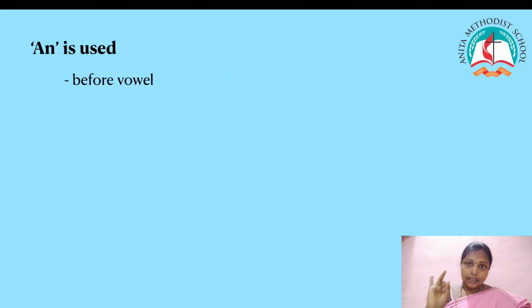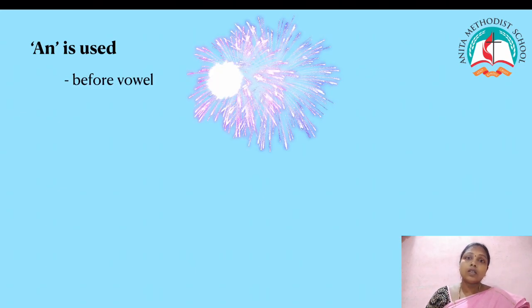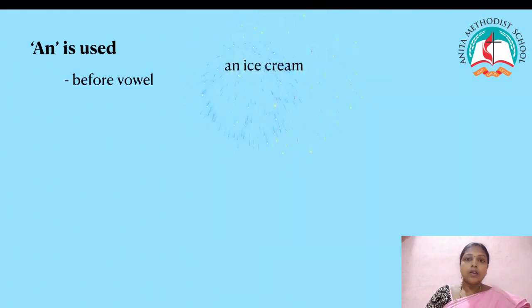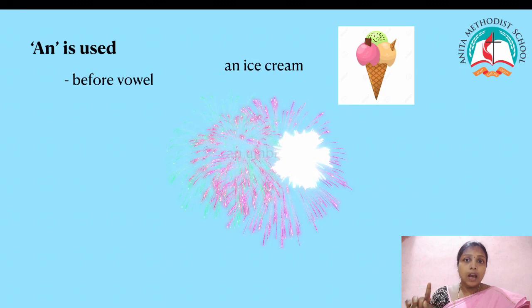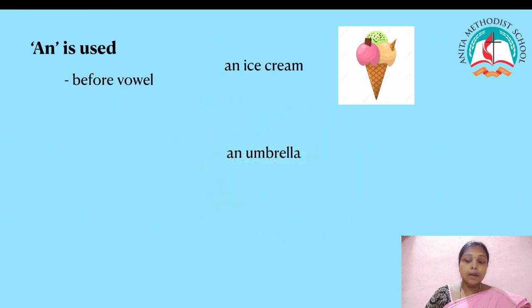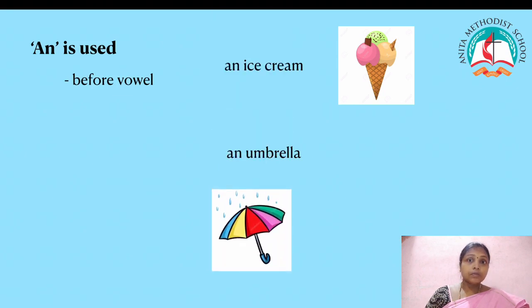A, E, I, O, U. So an is used before a vowel. For example, an ice cream. Can you see? Ice cream starts with the vowel I. The next example, an umbrella. Again, umbrella starts with the vowel U.